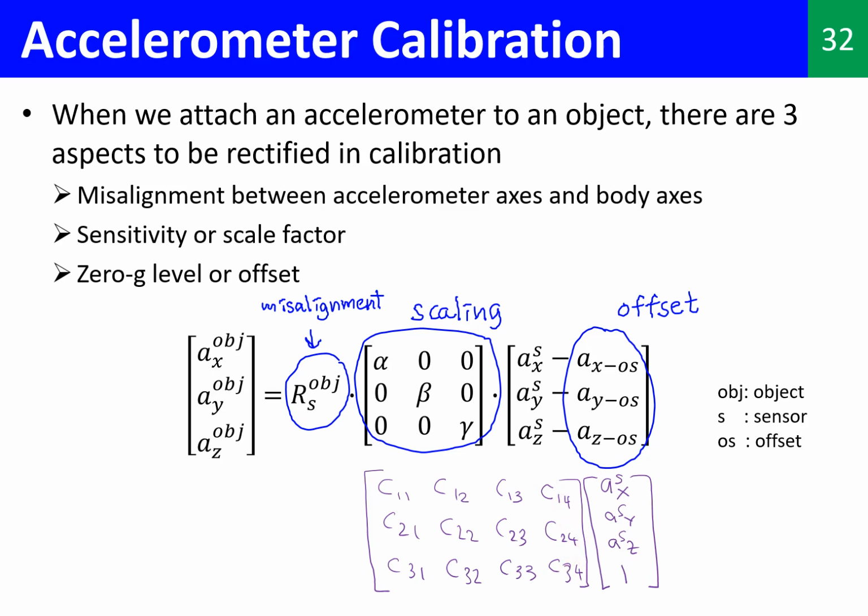So this is in homogeneous coordinates, and this is our raw sensor reading.